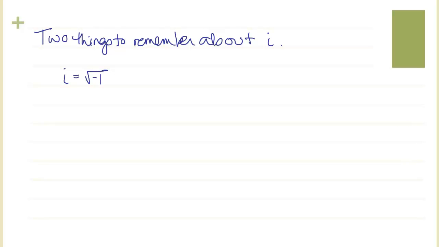And because of that fact, or vice versa, whichever way you want to think about it, i squared is -1. Why is i squared -1? Well, if I have i times i, that's the square root of -1 times the square root of -1, and whenever we have a square root multiplied by itself, off to the side here I'll do a little example.